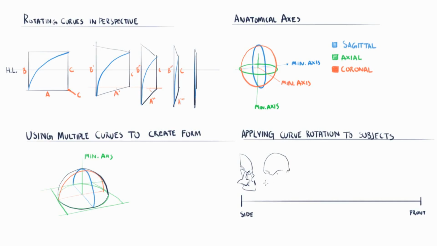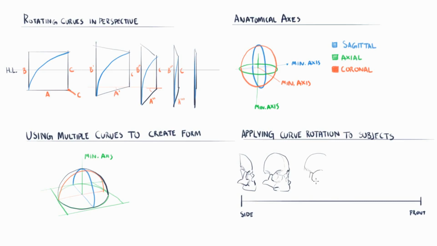Alright, notice as I rotate this clockwise, we're seeing more of that coronal view. The ellipses on the eye sockets start to increase in their degree. Now we'll do another step in that rotation.